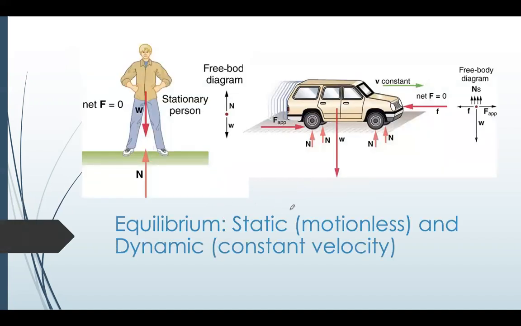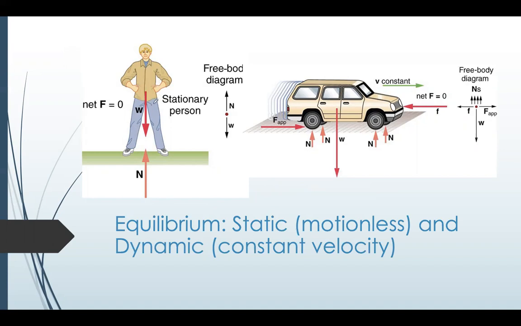Looking at equilibrium, there are two main types: static or motionless equilibrium, and dynamic equilibrium, or an equilibrium that has constant velocity. In this first example, we have this guy just standing there. He's not moving.